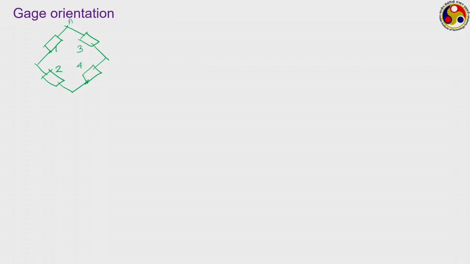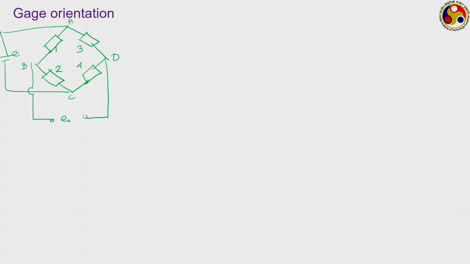Let us give some names, say this point is A, this B, this is C and this is D. Here we have the source. So, our source is some DC source having a voltage of EI, and our final measurement is taken across these 2 points, between B and D. So, EO is the measurement voltage.